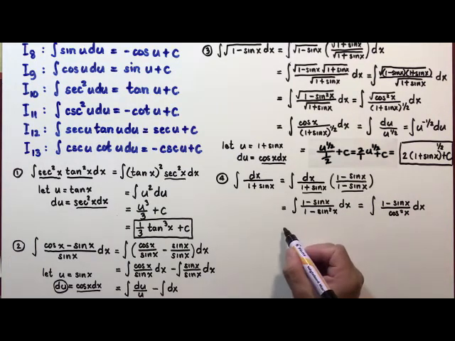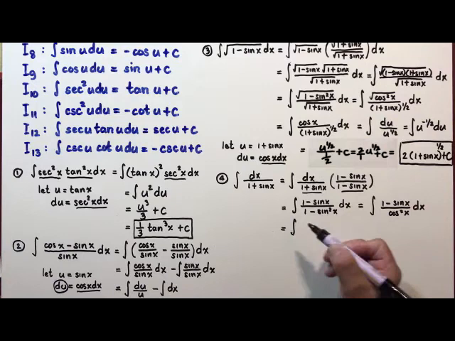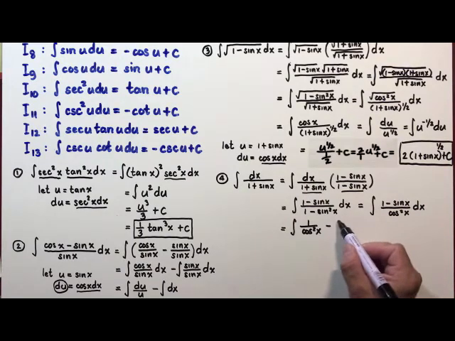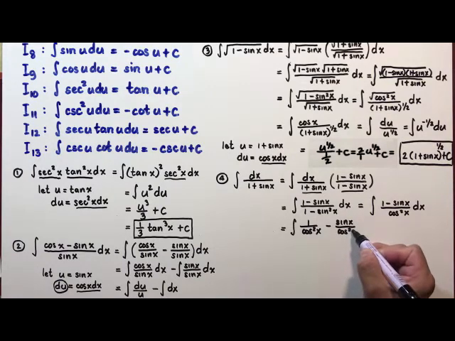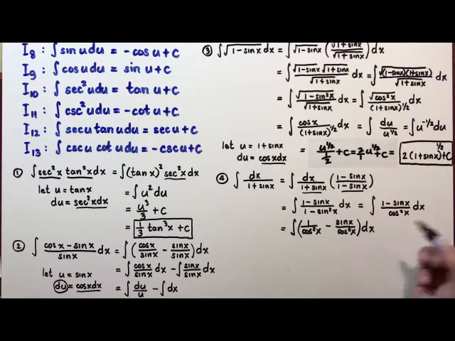So what I can do here is to separate, divide the binomial in the numerator by the denominator. So that is 1 over cosine squared x minus sine x over cosine squared x. And we still have our dx here. So we just divide the binomial by this denominator, so that we can separate the two terms in the numerator as two rationals.